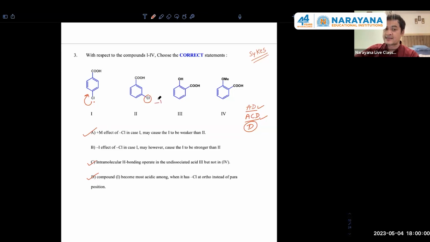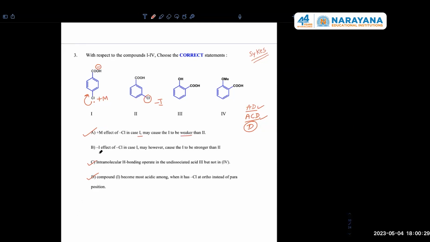That is only minus I. And if plus M is considered, acidic strength will obviously reduce, because in acidic strength, if we get a negative charge, it must disperse over the ring. But if plus M is operating, instead of spreading the charge, it will concentrate the charge. So if we consider the plus M effect of Cl in the first compound, it will become weaker than the second. So the first statement is correct.